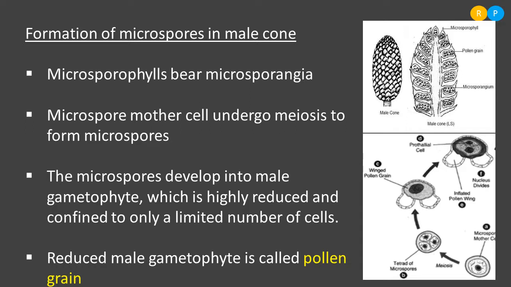Understood, right? So two names we are going to call for this reduced structure. One name is male gametophyte and the other name is pollen grain. So don't get confused. Male gametophyte as well as pollen grain, two terminologies we are using for the same structure. Understood.